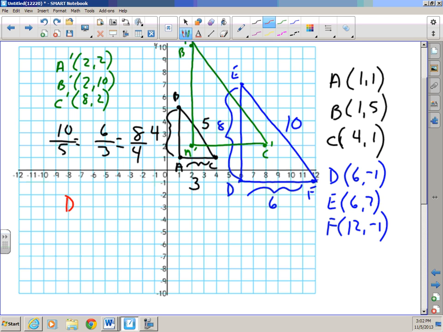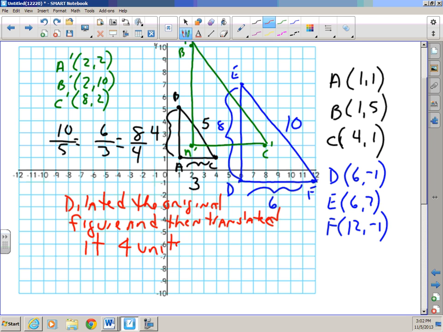Well, we did 2 things. We dilated the original figure, and then translated it one, two, three, 4 units to the right and 3 units down.